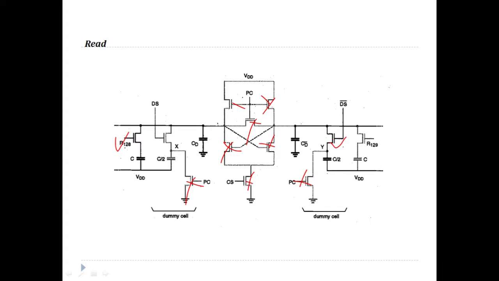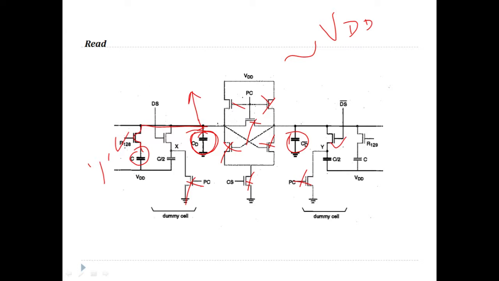Now we know that both these capacitors CD and CD bar were carrying equal voltage, which is closer to VDD. Now let's consider that this cell stores 1. Because this is on, this capacitor will try to share its charge with this column capacitance, and voltage on this capacitance will increase.